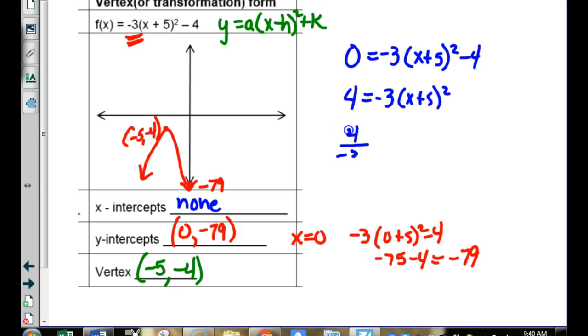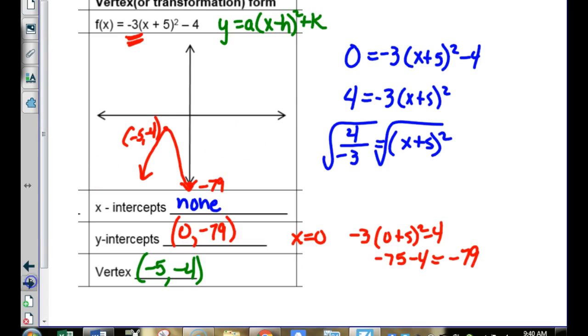We divide, right? And then we'd square root, and how's that looking? We got imaginary numbers, right? So that's why it doesn't ever cross the x. There are no real zeros.